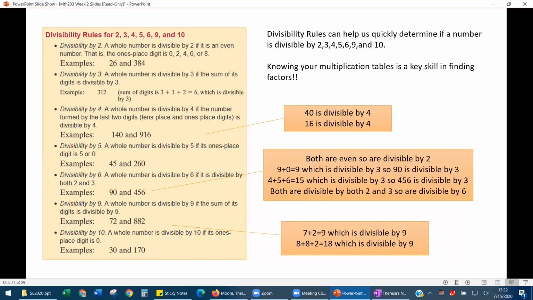So there's also divisibility rules that will help signify to you whether a number is divisible by another number. Any number is divisible by 2 if it's even. A whole number is divisible by 2 if it's an even number, right? Anytime there's an even number, you automatically know I could divide 2 out of it.